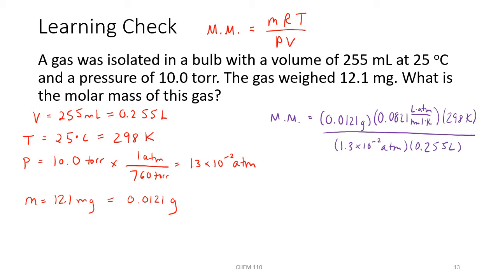Checking to make sure everything is in the correct spot. Our atmospheres cancel, our Kelvin cancels, liters cancel, and notice in the numerator we have grams over moles that we're left with. So we are calculating a molar mass, and we do have the correct units. Our molar mass for this gas comes out to being around 89.3 grams per mole.